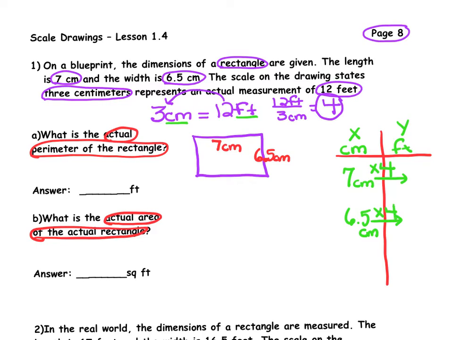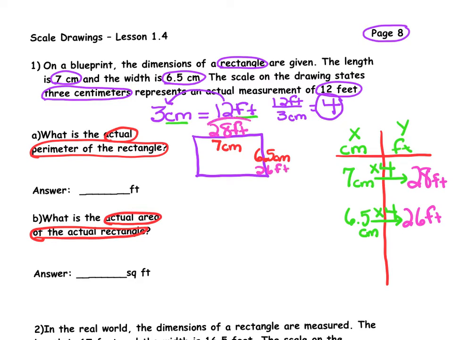Pause the video, grab your calculator, and please convert. You should have gotten 28 feet for the length of the actual rectangle, and for the width, you should have gotten 26 feet.